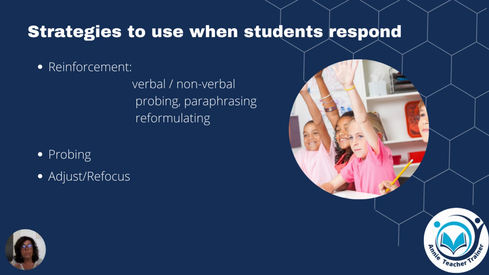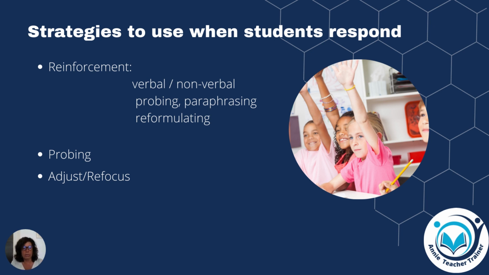Try not to overuse reinforcement in the classroom by praising every comment the students make, because students will question the sincerity of this reinforcement if every response is reinforced equally in the same way. Also, probing. The initial response may be superficial. Make the students explore their initial comments.